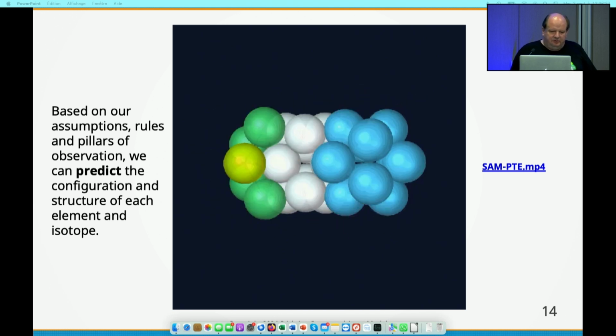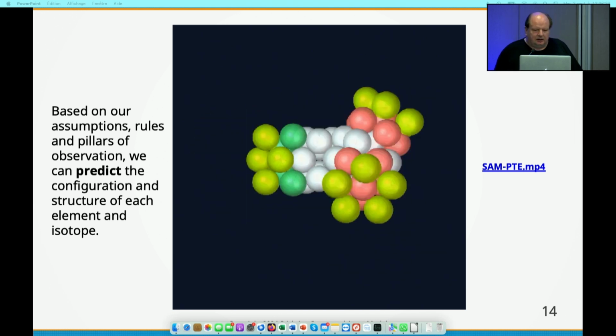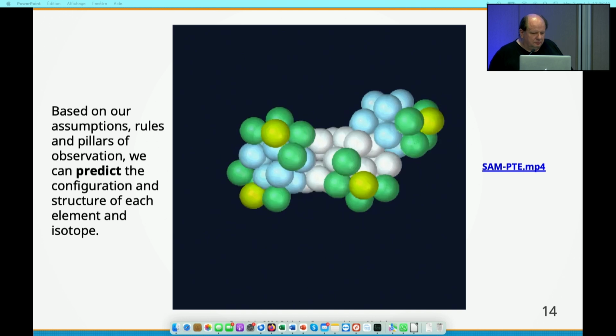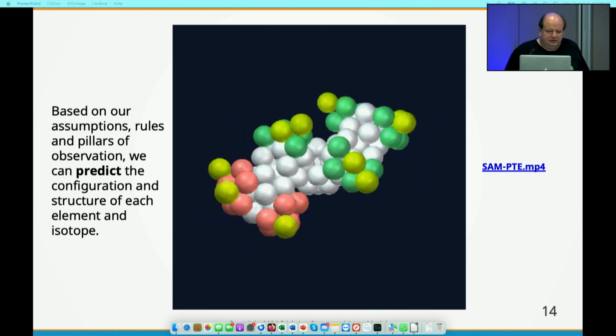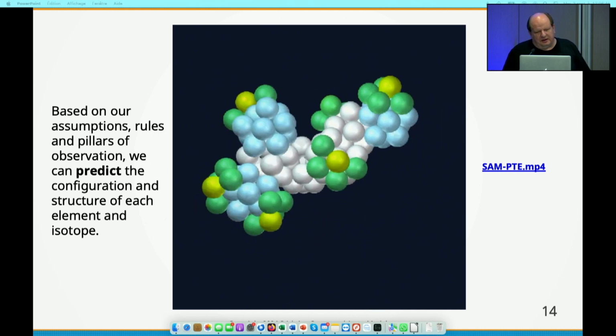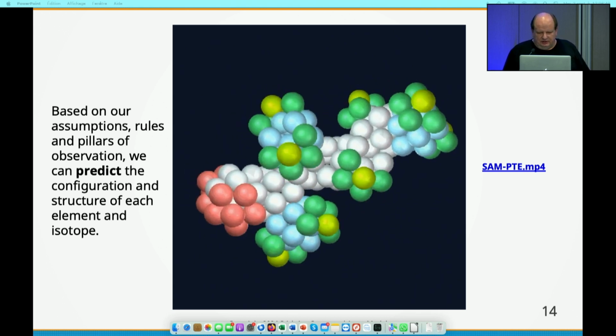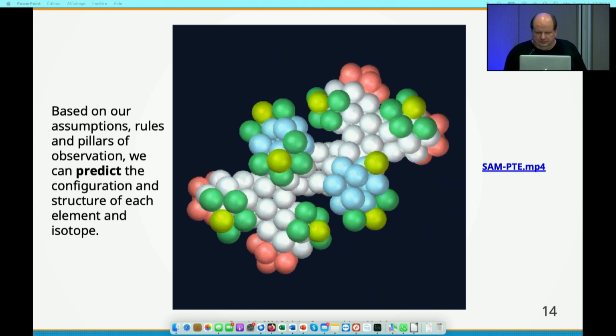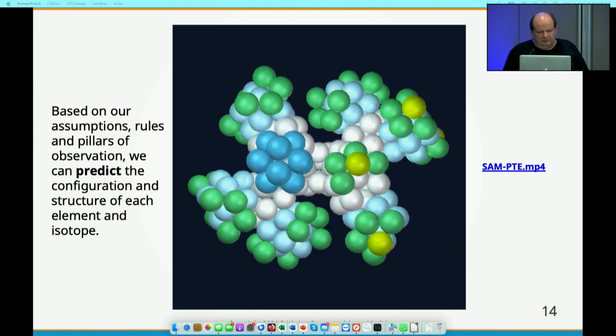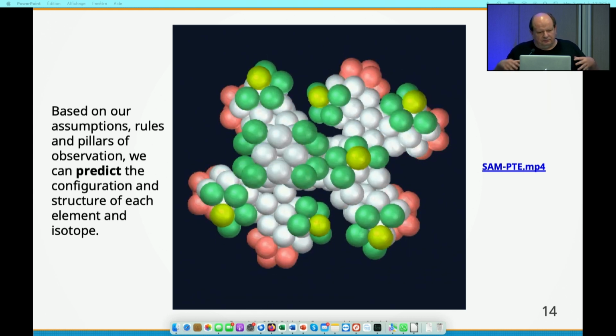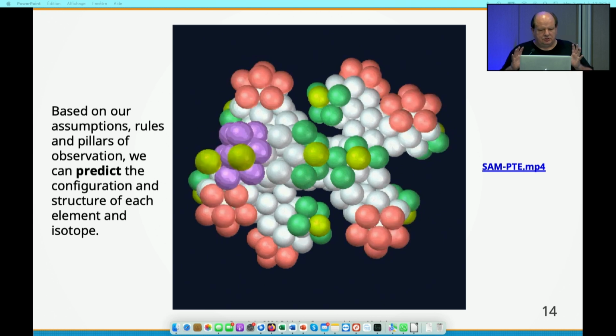So this one you have seen before. This is a video clip that goes through all the elements and isotopes that we've constructed based on the rules of the model. And as you can see, it is basically going through the structure, and you see that it elongates and that it branches out.